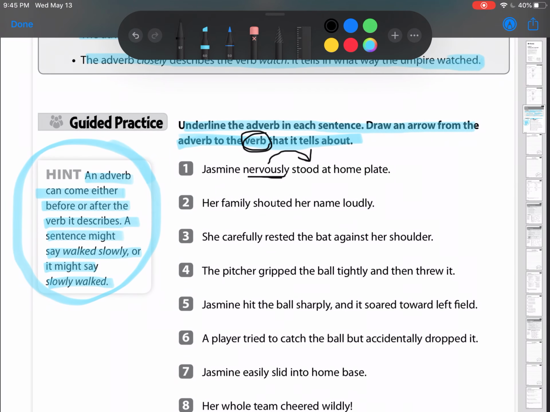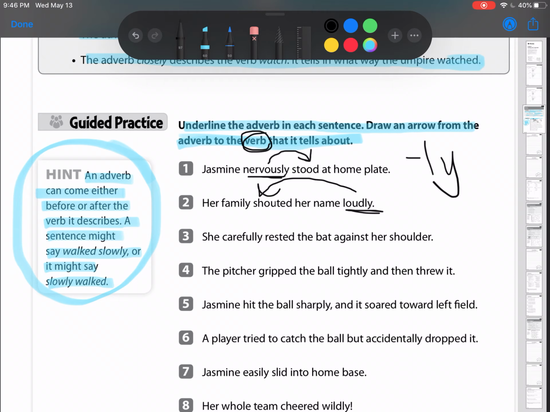You can do it, so you can stand. Her family shouted her name loudly. Again, adverbs end in ly, so we're looking for words that end in ly, so here's loudly. What's happening loudly? Well, it's the shouting. And again, that is something you can do.